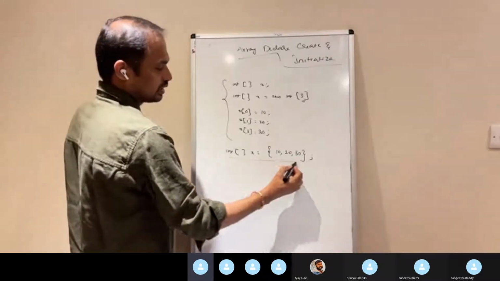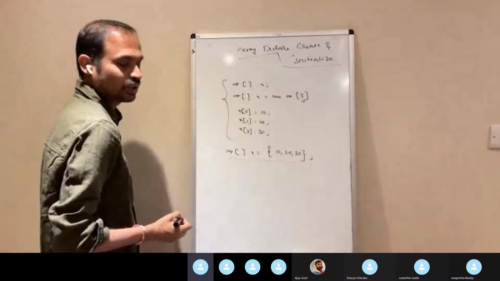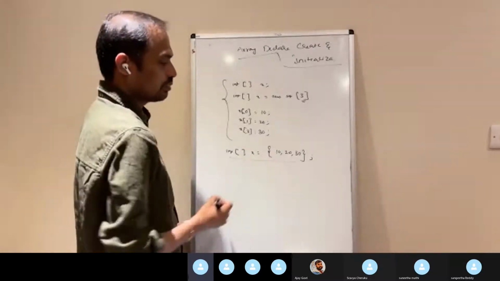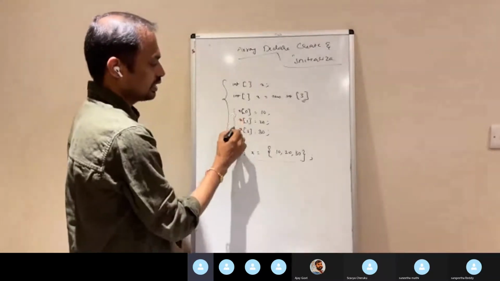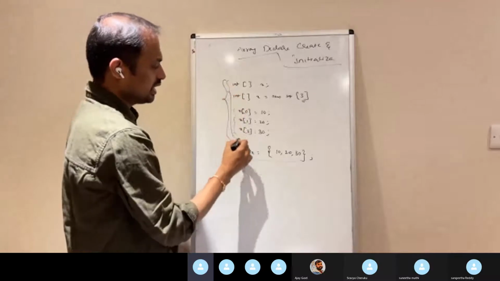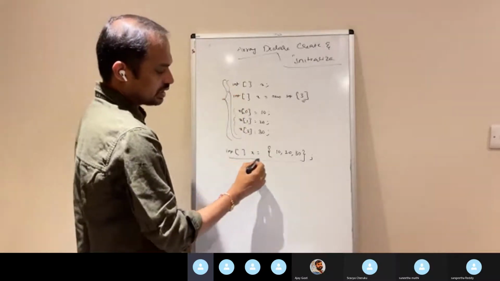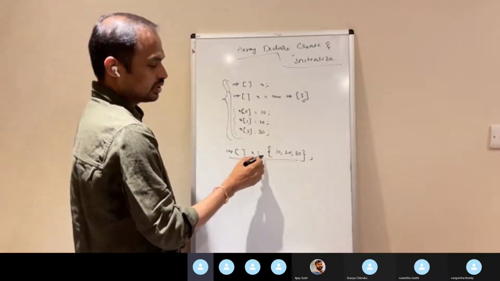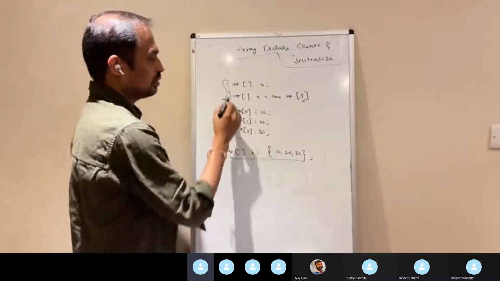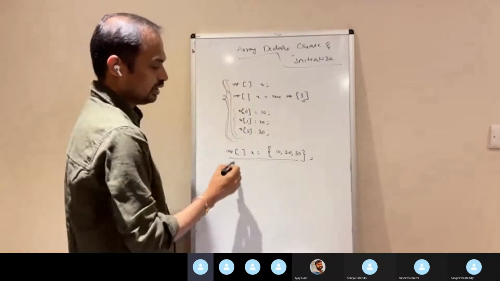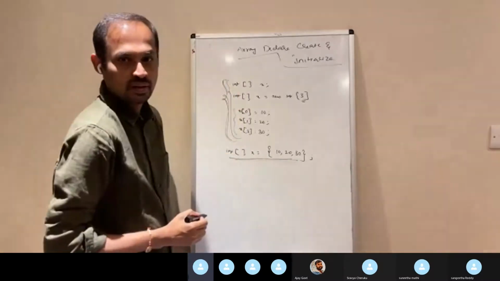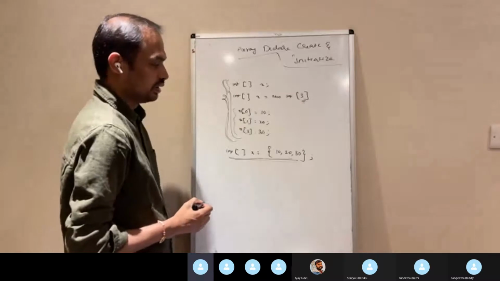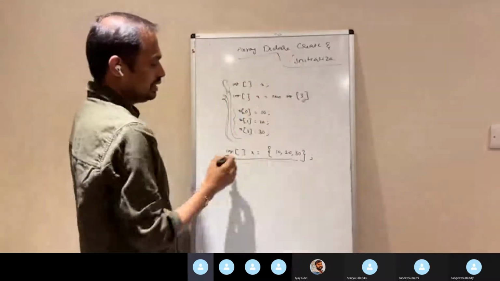In curly brackets, whatever values we want to pass can be initialized, instead of using these many steps. We directly initialize an array in a shortcut way like this. That means this is the initialization we have done in a single line. Shortcut representation of an array. Okay, all three in a single line.